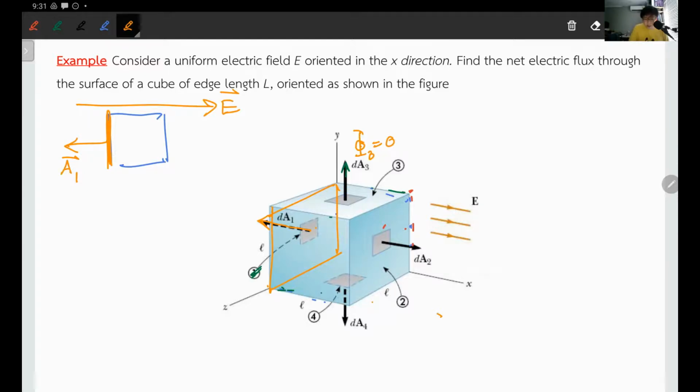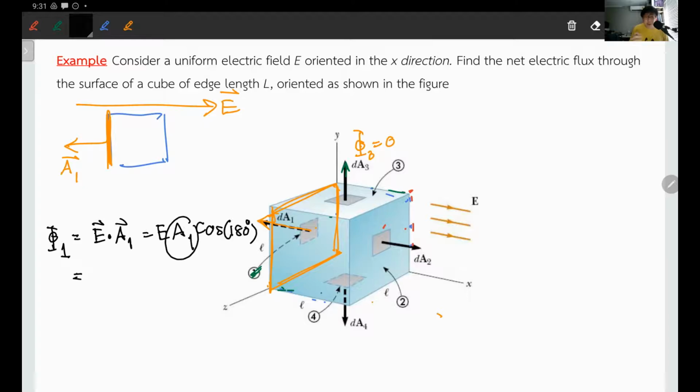That means the flux through surface number 1 is going to be the vector E dotted with the vector A1. Let me call it A1. That's your surface number 1 right here. And it's going to give you E A1 cosine 180 degrees.